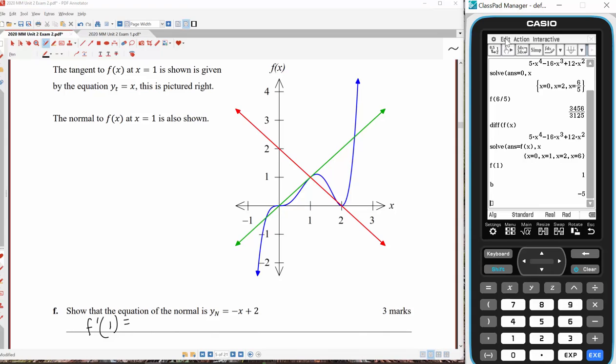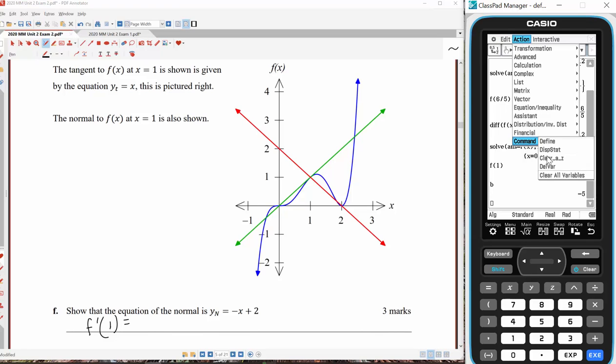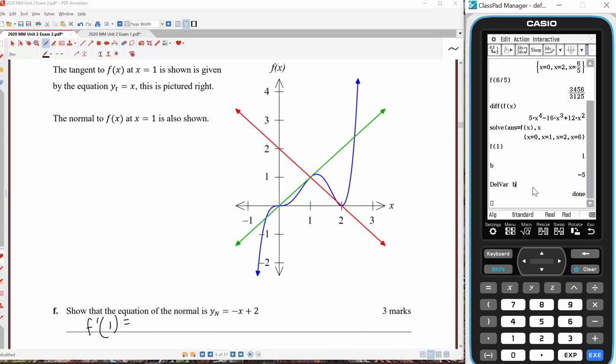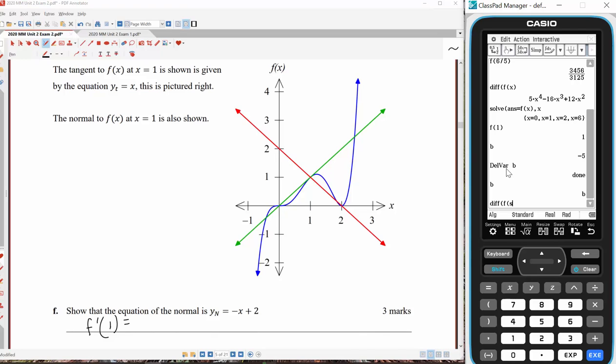So it's best to, I think, as you come back, go action command delvar and get rid of the value, whoops, not BB, B. And now if you use B in the future, it'll come up as just B and not -5. Anyway, what we'll do is we'll diff f of x and ask it what its gradient is at x equals 1.